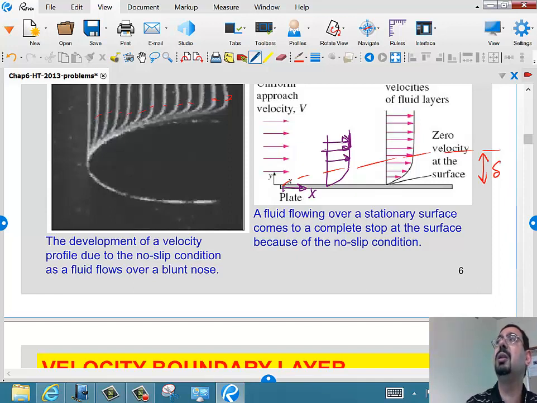Can anyone guess the names of those equations that, by solving them, will give us delta? Anyone? What equations do you need to solve to come up with delta? Start with an N. N-A-V-I-E-R. Dash S-T-O-K-E-S.